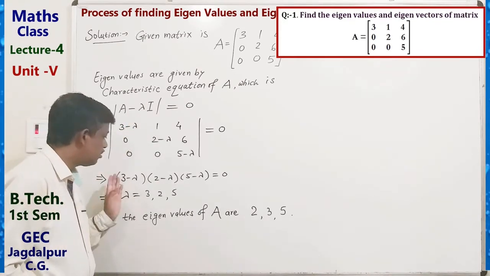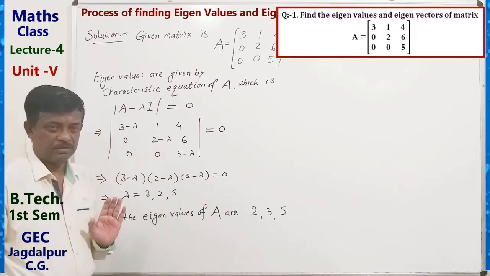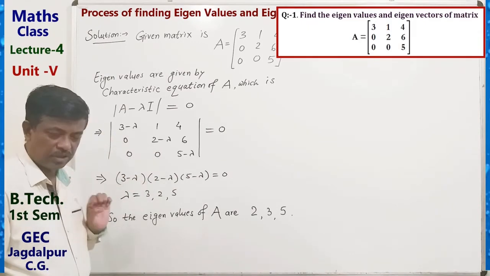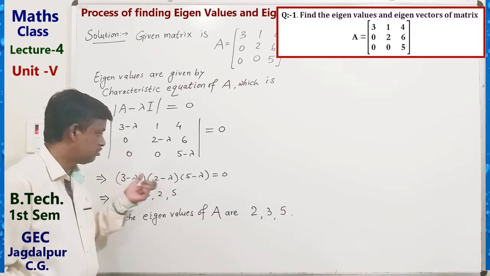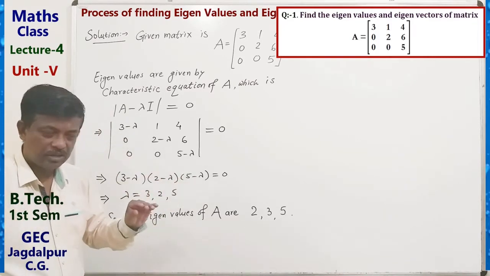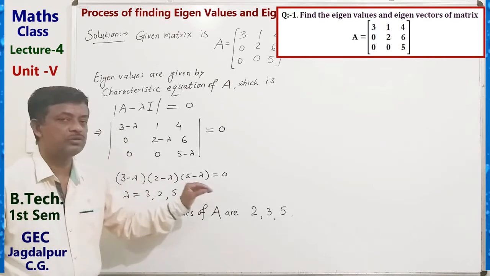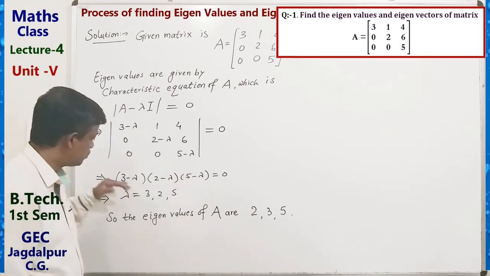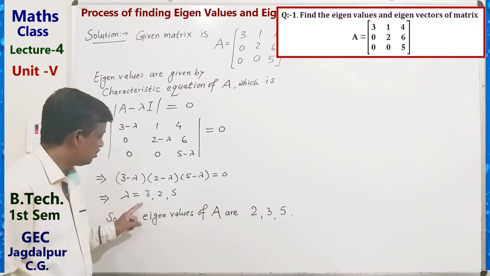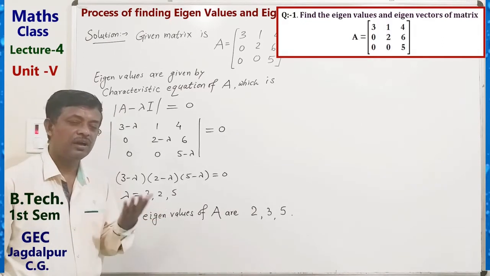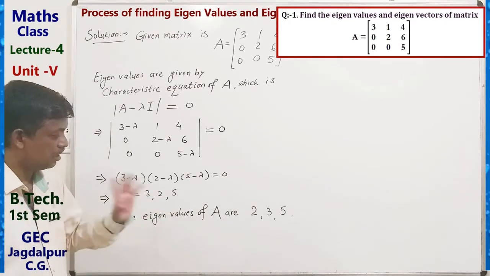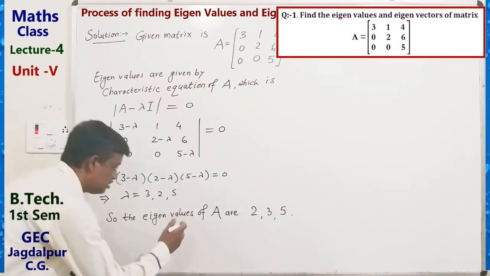Here the calculation is simple, but otherwise you have to solve the determinant very carefully and get a cubic equation in lambda, and solving the cubic gives the 3 eigenvalues. Here the eigenvalues are distinct.